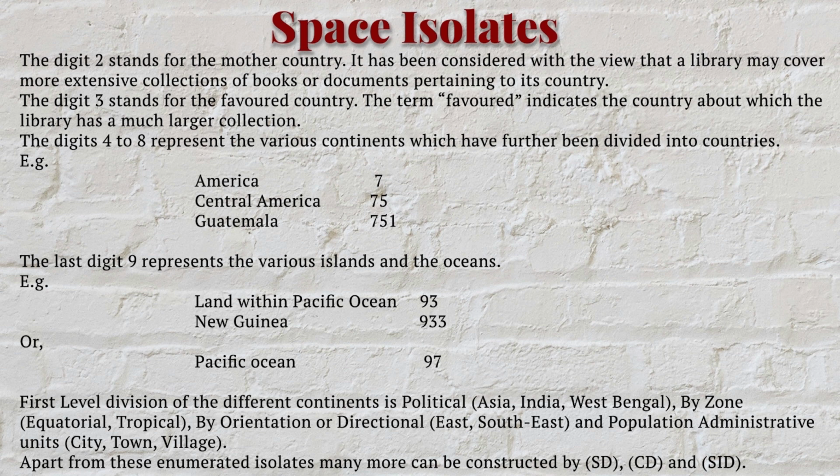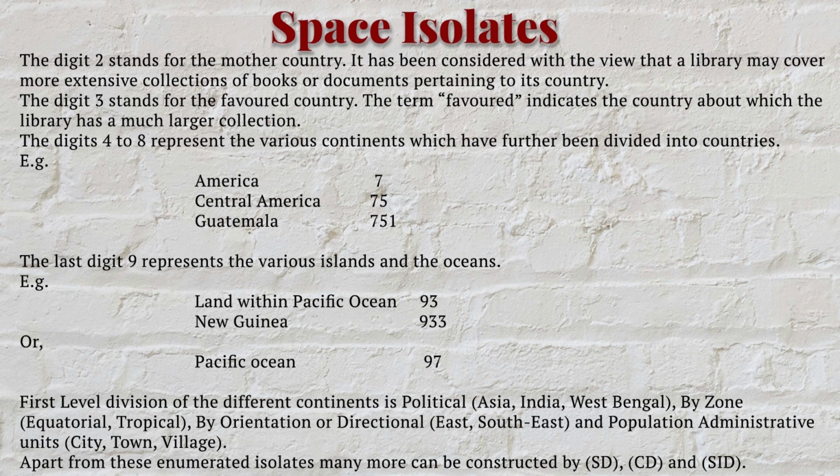The digits 4 to 8 represent various continents which have further been subdivided into countries, and the last digit 9 represents the various islands and the oceans. Here we present some examples.